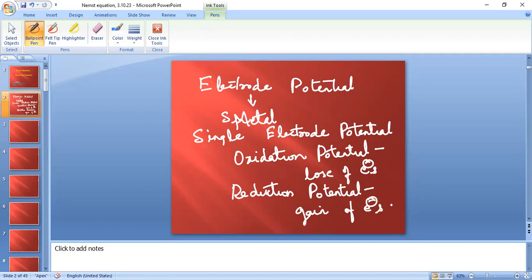So, single electrode potential is the tendency of an electrode either to lose or gain electrons when it is in contact with its own solution. If it has a capacity to lose one or more electrons, it is its oxidation potential. Otherwise, if the metal has the capacity to gain one or more electrons, it is its reduction potential.